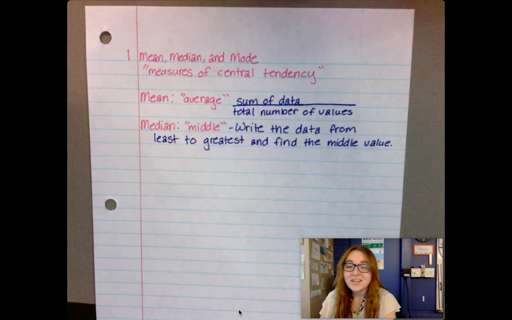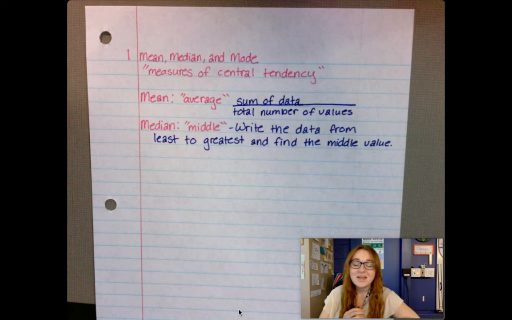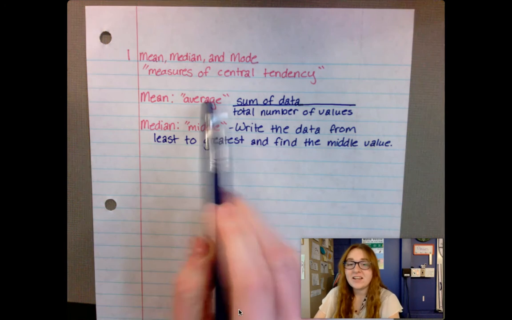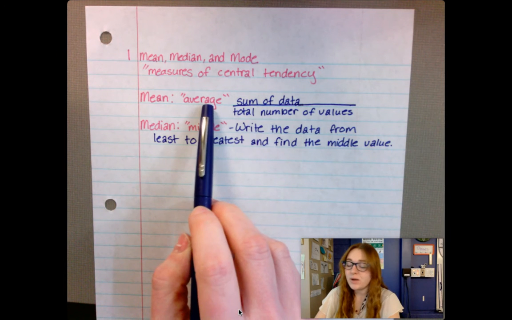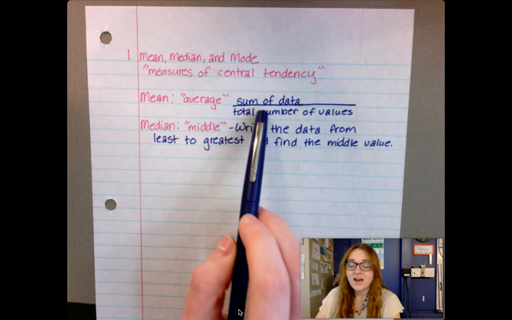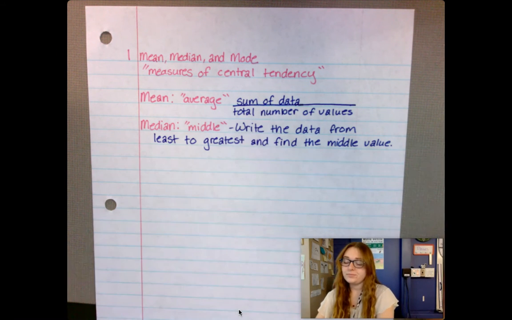Sometimes our data will be nice and be an odd number, that it is just one single number, and that is our median. Sometimes there's 2 numbers in the middle, and we will have to find the average of those 2 numbers. So add them together and divide by 2.